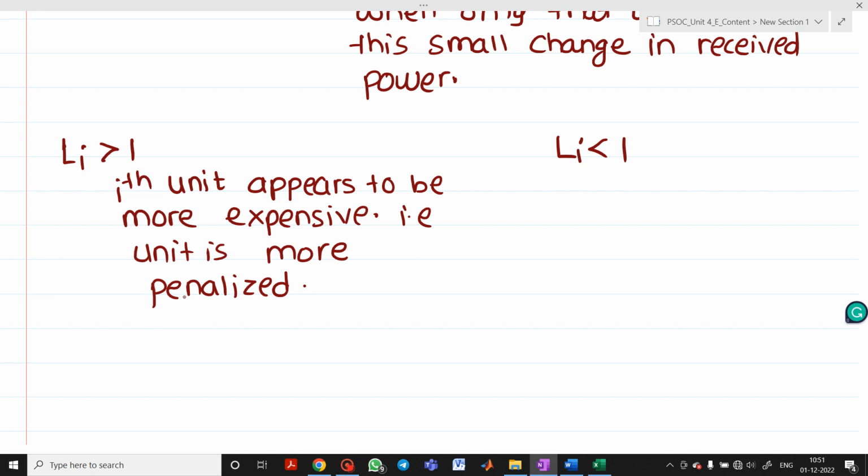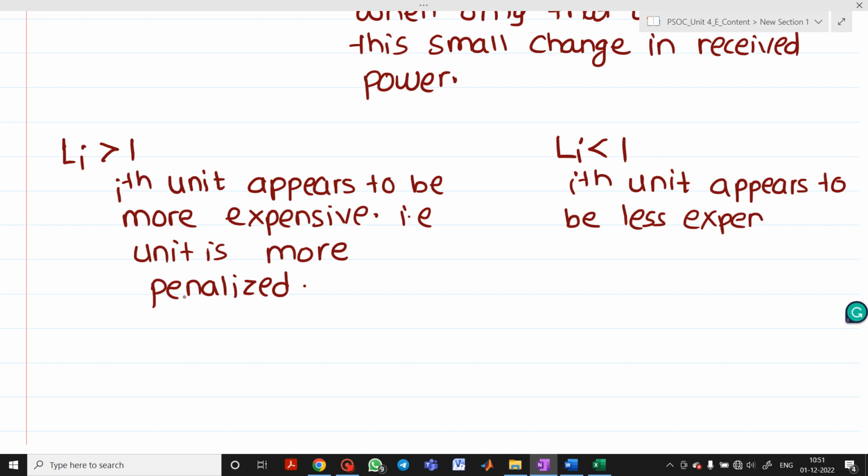And when Li is less than 1, the ith unit appears to be less expensive.